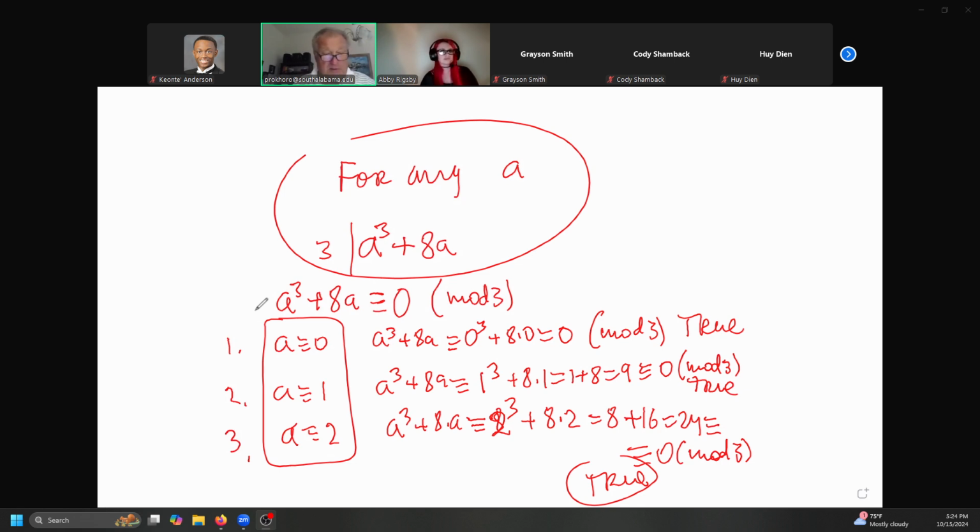Okay. And the last topic to discuss, this is section 4.4, linear congruences. Now I'll explain linear congruences.